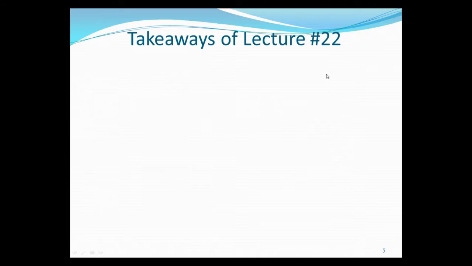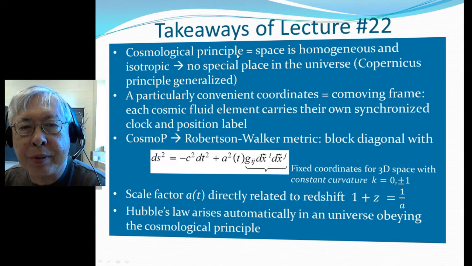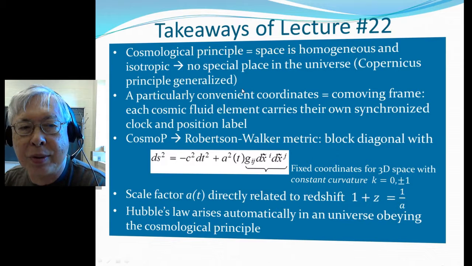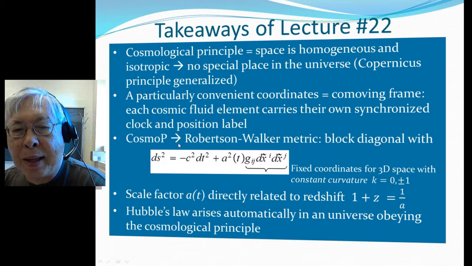So here are the takeaways of lecture 22. The working hypothesis, which is not checked by observation, is the cosmological principle: space is homogeneous and isotropic. So there's no special privileged place in the universe, which is the Copernican principle generalized to cosmology. A particularly convenient choice is comoving coordinates. Each cosmic fluid element carries its own synchronized clock and position labels. The cosmological principle implies the Robertson-Walker metric, which is block diagonal.